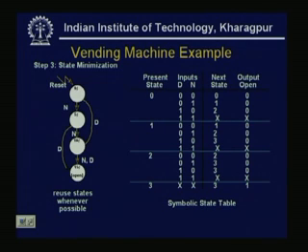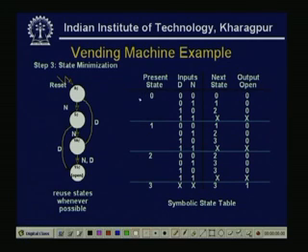Similarly, this is my S0 state, and D means a 2 rupee coin and N means a 1 rupee coin. So, if 1 rupee is deposited, then the next state will be 1, because the state transition occurs from S0 to S1, and the output is 0, because I did not get 3 rupees.